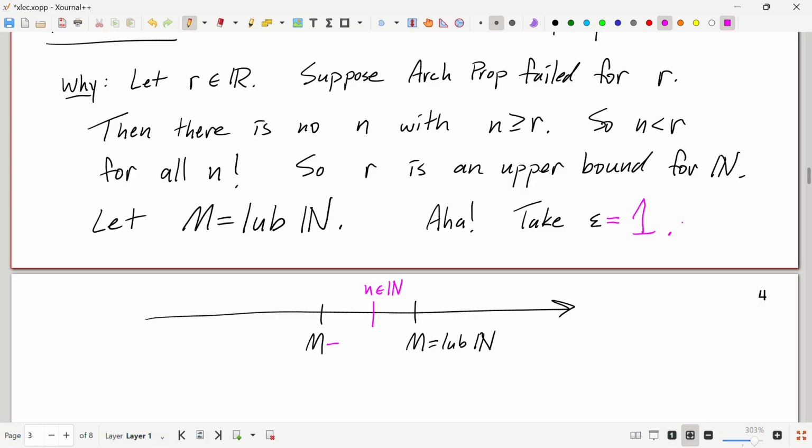And the thing I was messing around with earlier in the hour said, well, by the definition of the least upper bound, I can find a thing in the set that's right there. And now n plus 1 would be an m. Red doesn't really show up here, but n plus 1 is bigger than m. Ouch. That means that m is not an upper bound, even though we assumed it was, even though the principle says it exists.